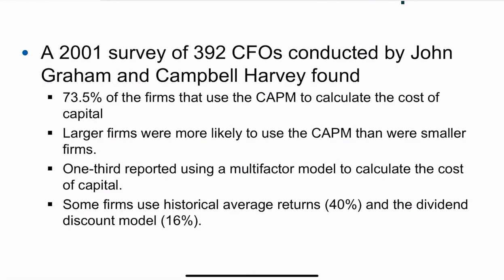So you can see that even though a multiple factor model is much more complicated and longer than CAPM, it's actually still widely used, right? 30%. Some firms also use historical average returns, 40%, and the dividend discount model, which is 16%, to calculate the cost of capital.